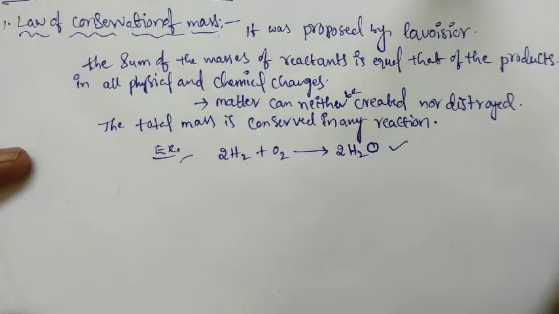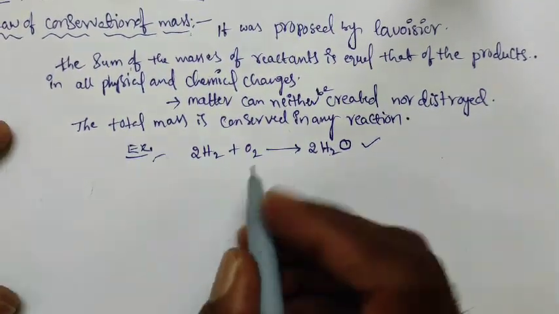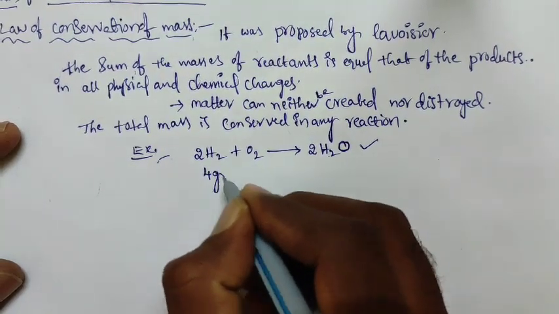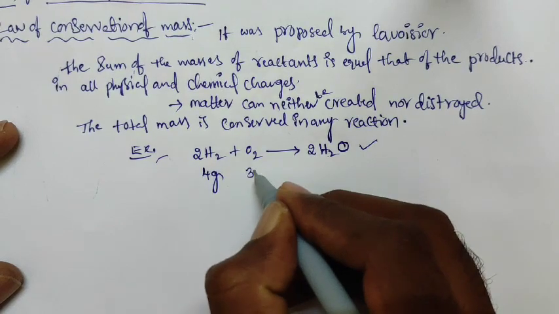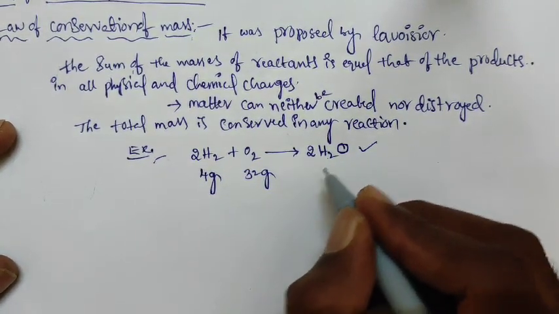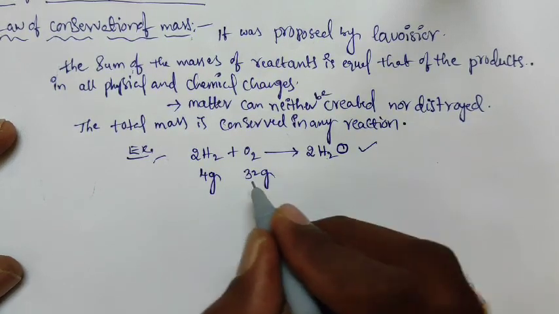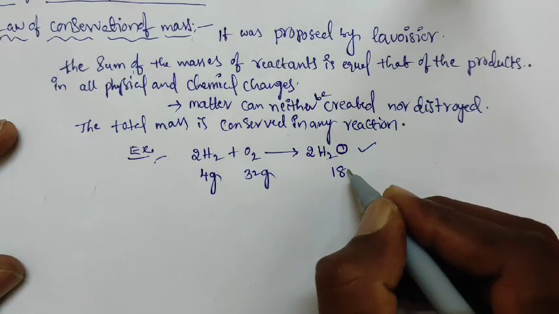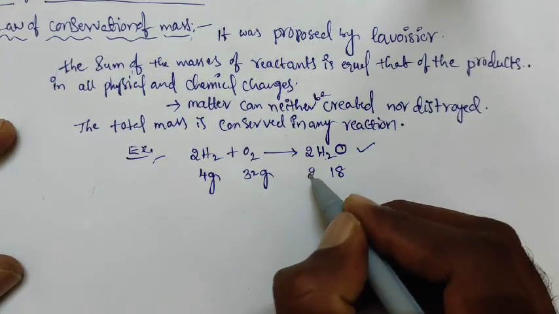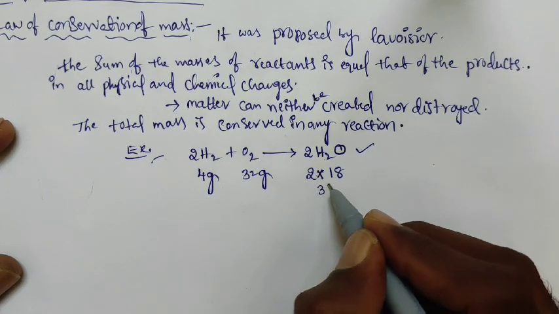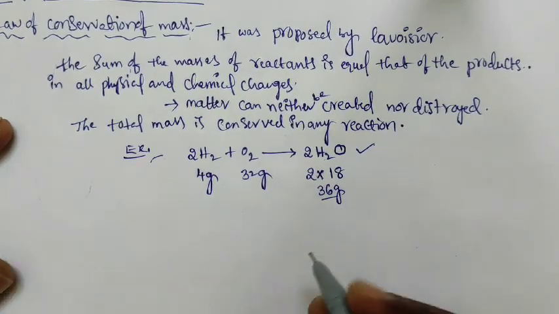In this equation, mass of hydrogen gas is 4 grams, this one is 32 grams. Total, how much? 32 plus 4. Otherwise, one water molecule is 18 grams into 2, so 36 grams will come.